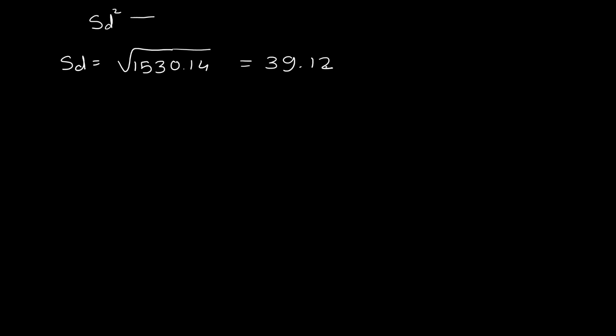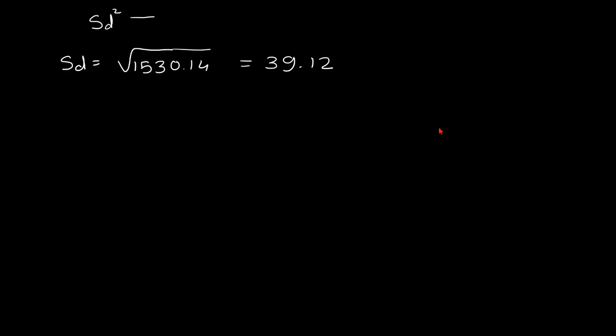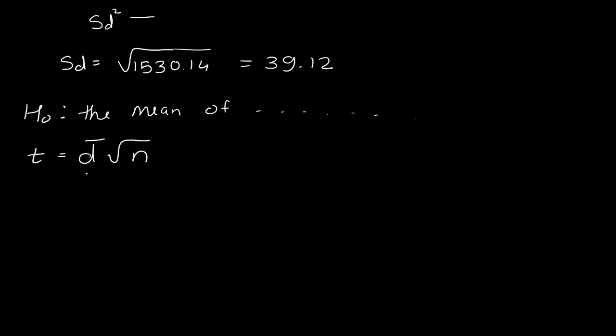Okay, so now once these values are known to us, it is easy to calculate this. The null hypothesis is standard, that is the mean of the difference between the pairs is 0. So H naught is that the mean of the difference between the two pairs is 0. That will be as it is. My t test statistic will be d bar upon standard deviation over root n.